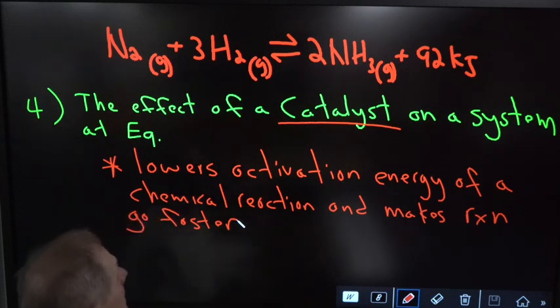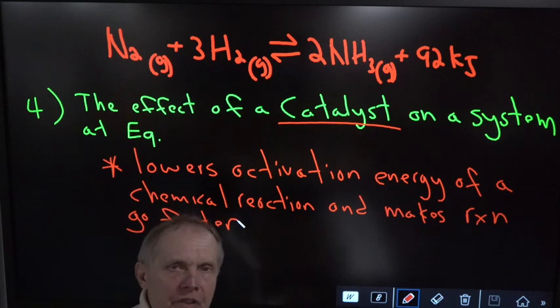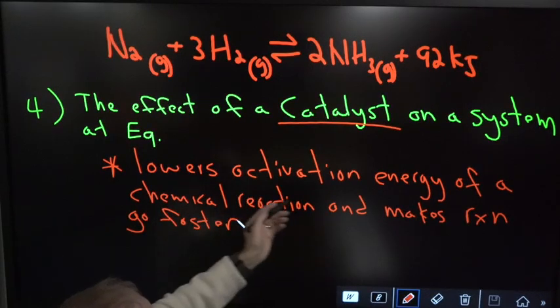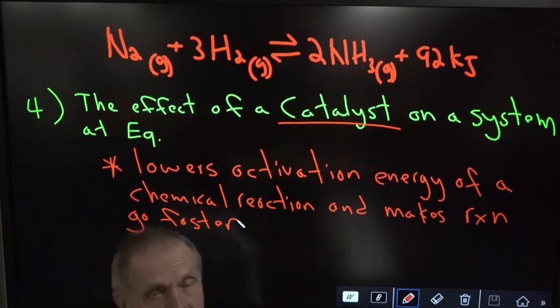Remember activation energy? It's used to break the old bonds before you can make the new ones. So, it lowers the activation energy of a chemical reaction and makes the reaction faster.